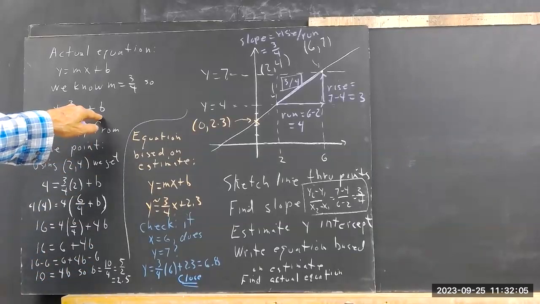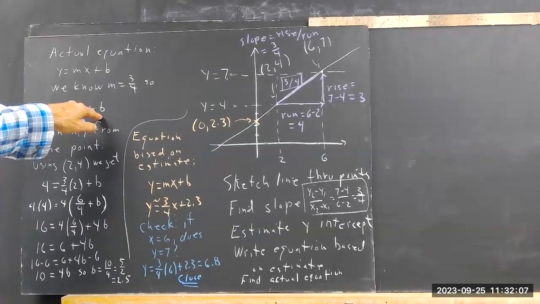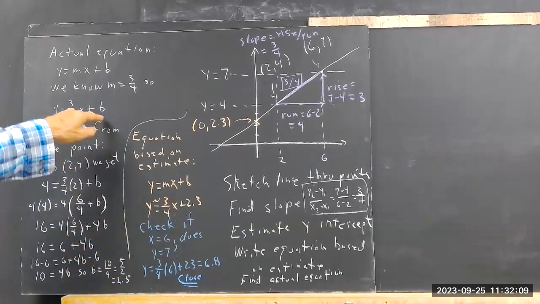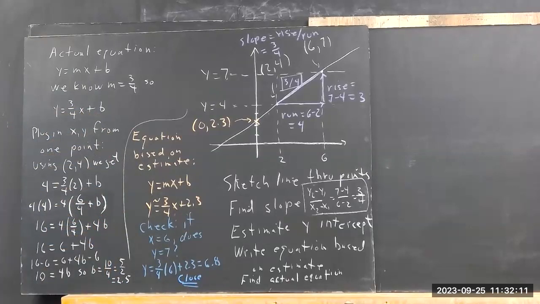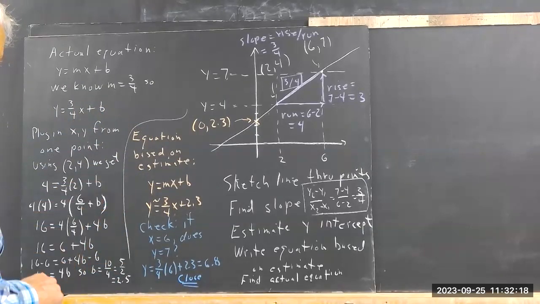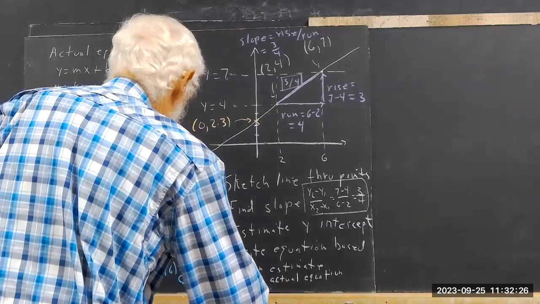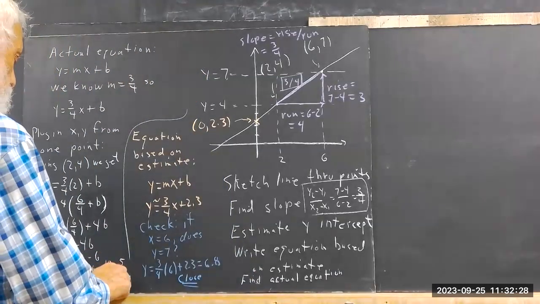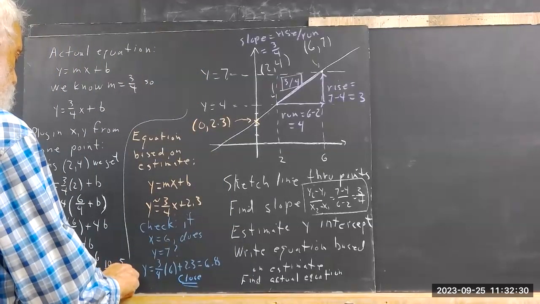Well, now we know what number to substitute for B. You plug in 2.5 for B or 5/2, and we get the equation. And what are we going to get? Okay, well, we take this 2.5, and I'll use 2.5.